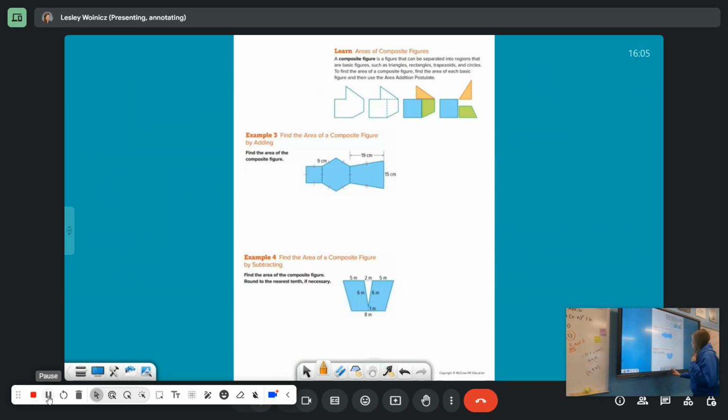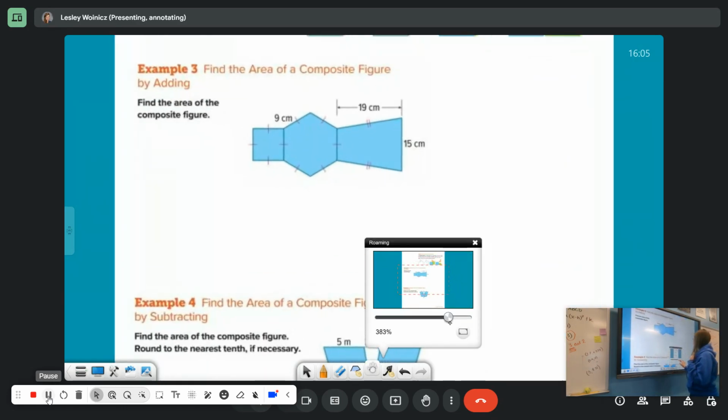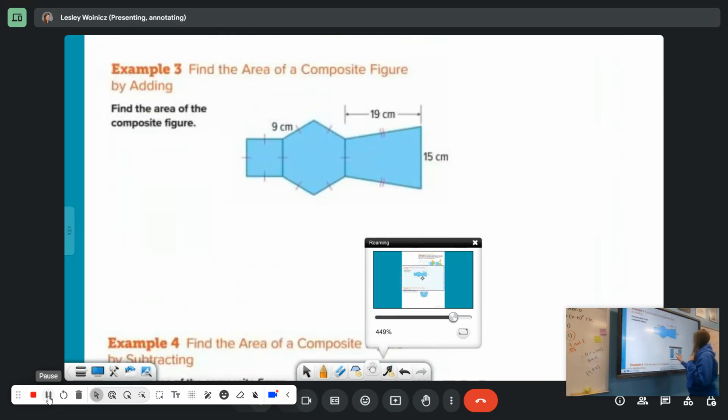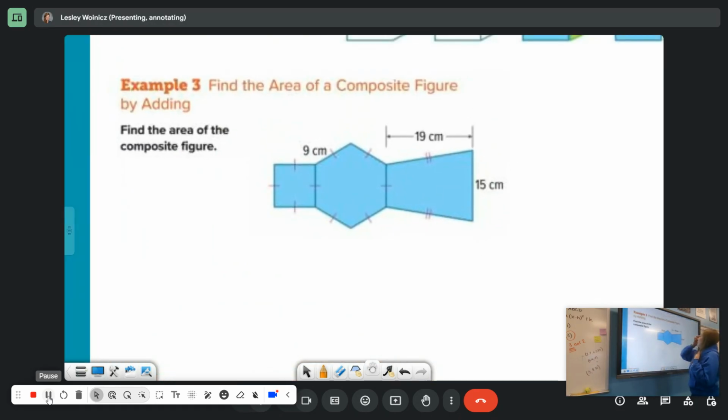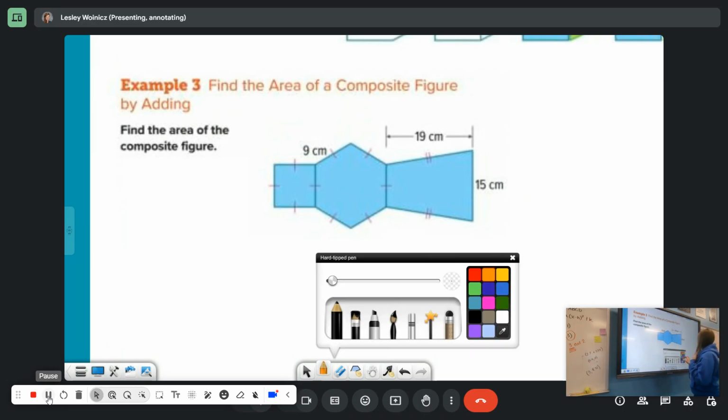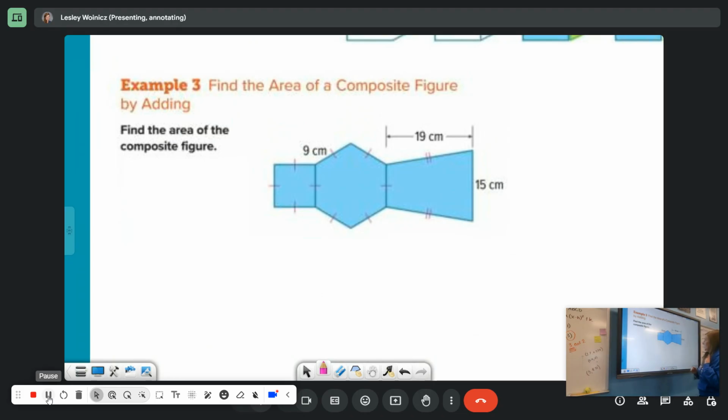All right, we've already done some composite figures, but our composite figures haven't had regular polygons in them before. So we're supposed to find the area of this cute little composite figure. And you just find the areas of the parts. So I see a square, I see a regular hexagon, and I see what appears to be an isosceles trapezoid.